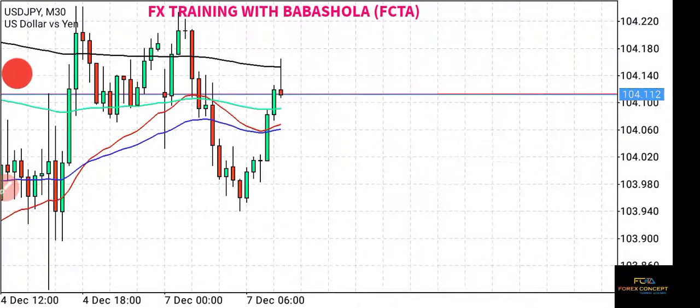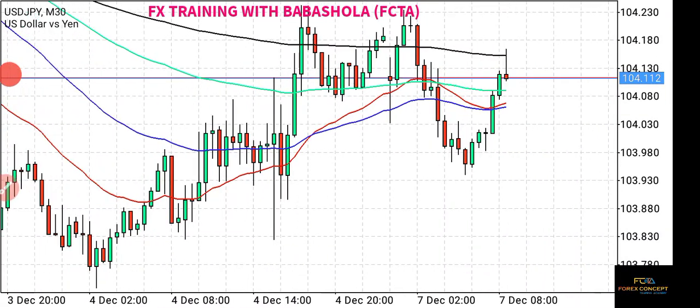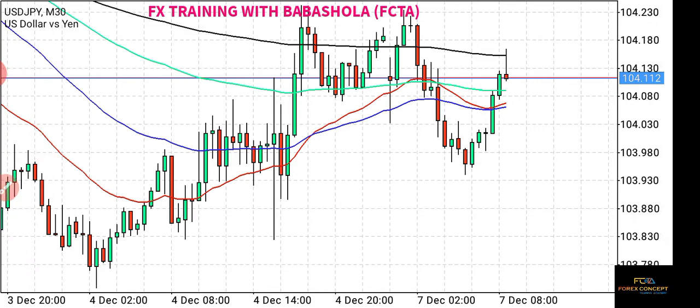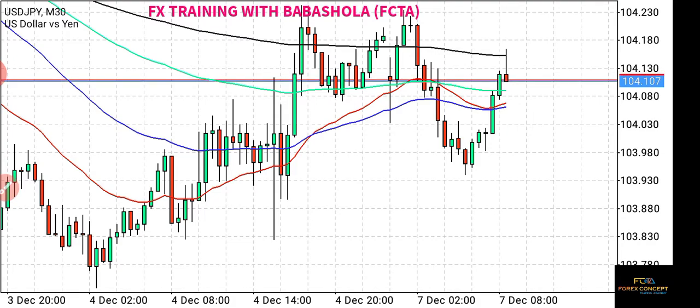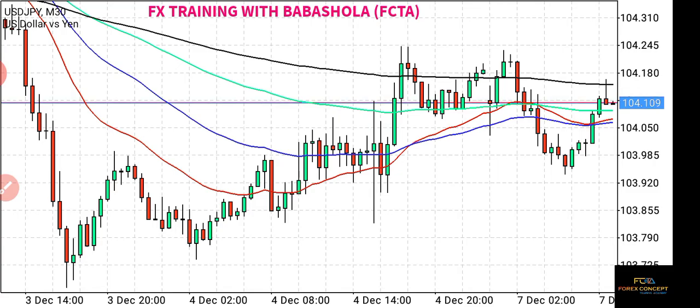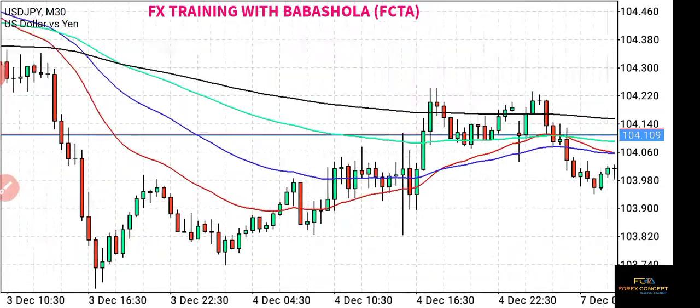As you can see, the 200 moving average is the top one, the green one is the 100, the red one is the 25, and the blue one is the 50 moving average.